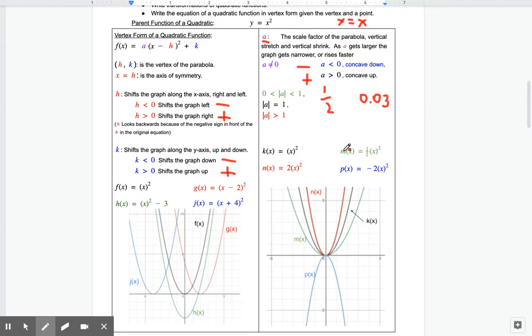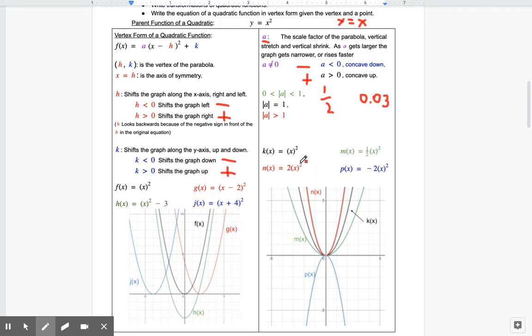So here we have m of x equals 1/2 x squared. The parent function here goes over 2, up 4. 1, 2, 3, 4. And m of x says take that parent function and cut it in half. So instead of going up 4, we're only going to go up 2 to right there.